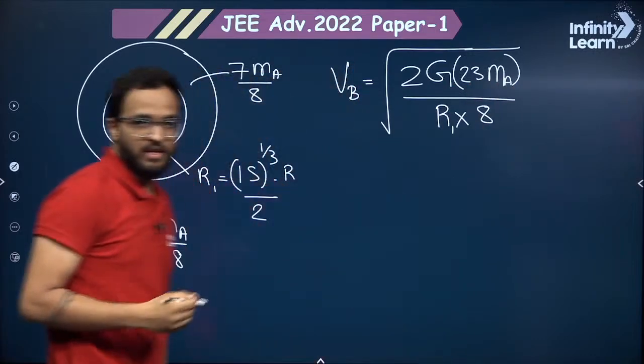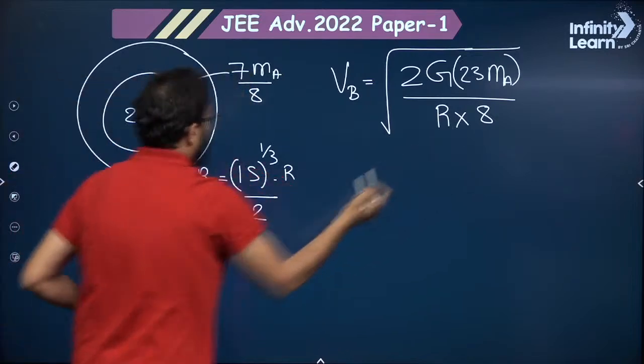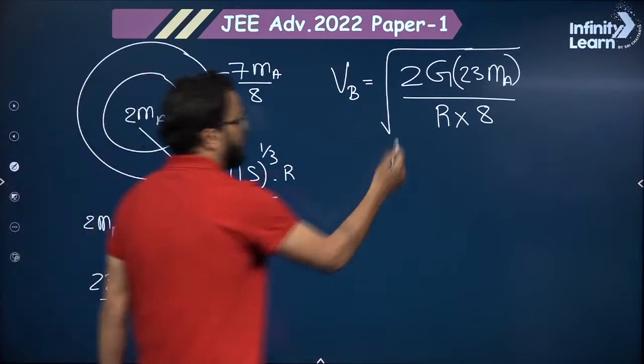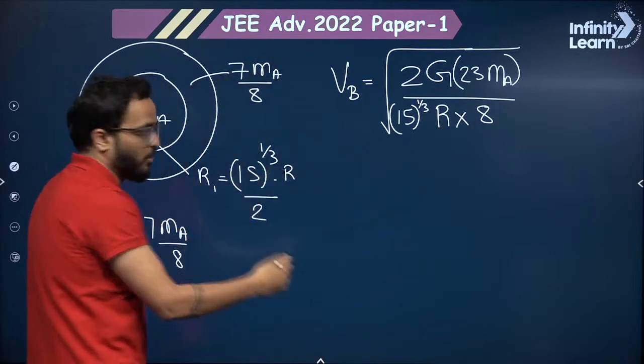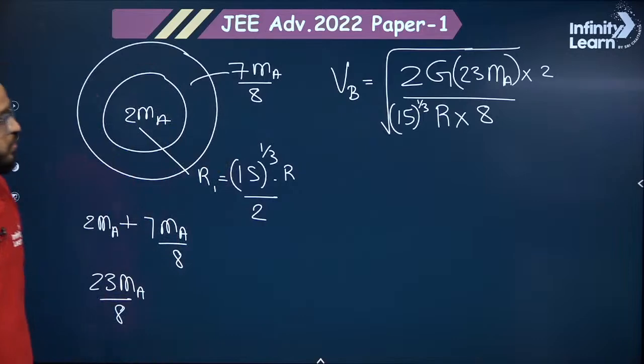And what is R1? You can put the value of R1 also. R1 will be 15 to the power 1 by 3 R upon 2 here. So I guess from here you can get the answer. If anything is missing, just let me know.